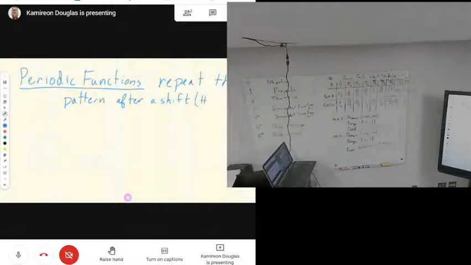Specifically horizontally, meaning left to right. Meaning that if I can draw one piece of this function, it's just going to keep repeating that piece over and over again in some form. And that piece we'll refer to as a period here in a second. That's why they're referred to as periodic functions. Where the thing that repeats is the period of the function.